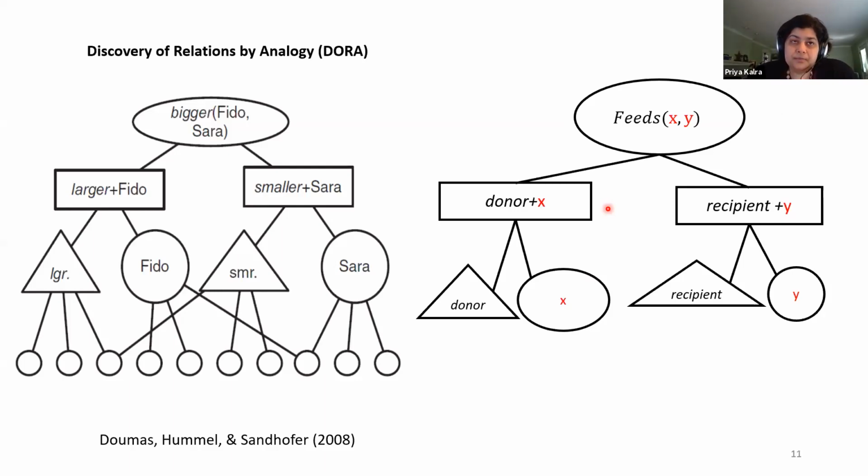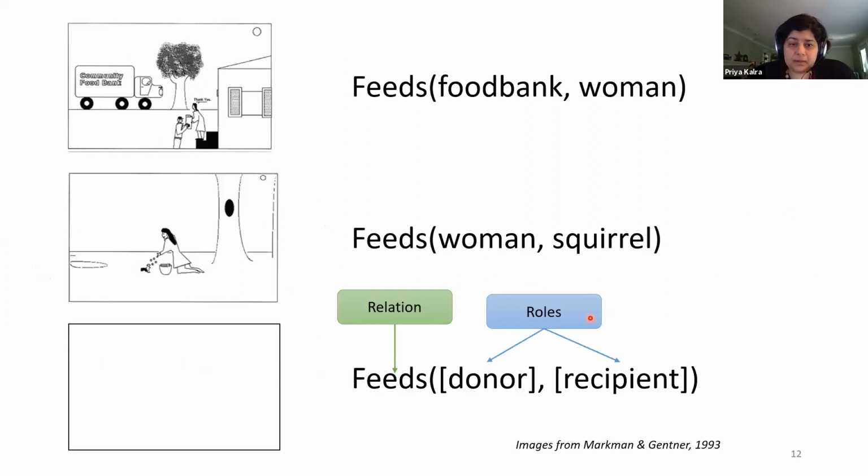And this is what allows transfer, this is what allows structural alignment, this is what allows abstraction. So even though I've used DORA, most or all of the models include some idea of roles and binding specific entities into roles, and then a relation. And entities have to be bound into roles for the relation to be parsed.